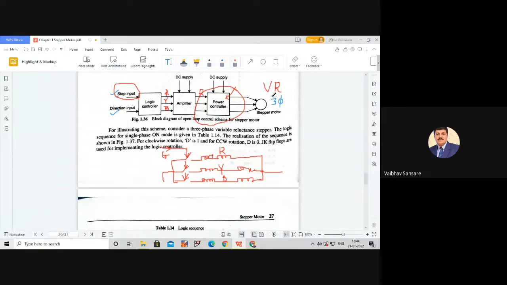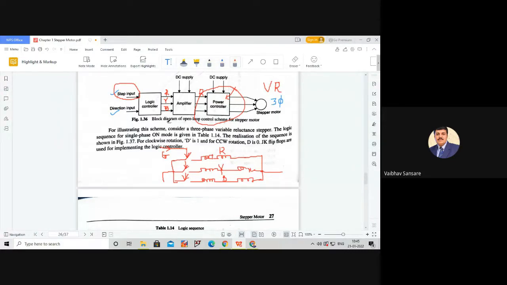That means when we apply the first step to the rotor, the actual position of the rotor after that step determines the logic sequence generated by the logic controller. So that depends upon the input provided to the logic controller circuitry as well as the actual position of the rotor after giving the excitation pulse. Therefore that scheme is actually a closed loop scheme.